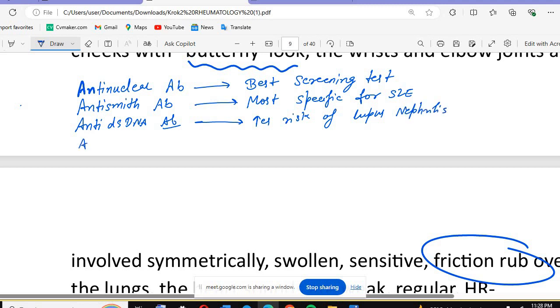And then there is the anti-histone antibody, which is associated with drug induced lupus.